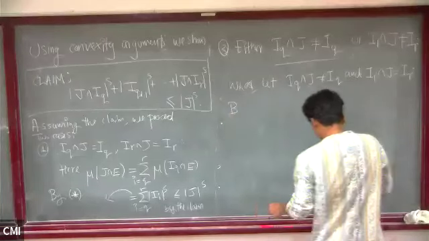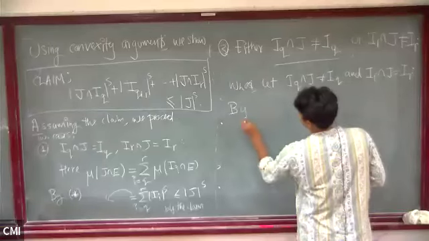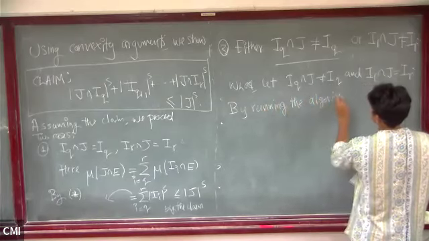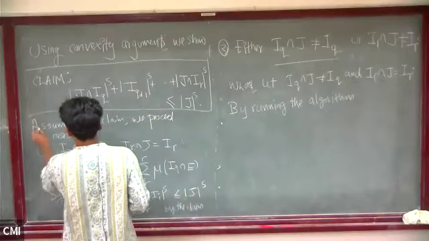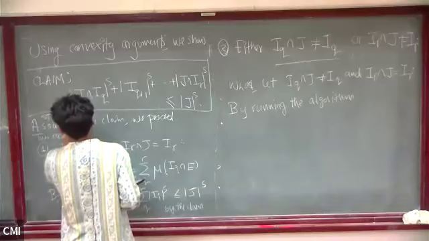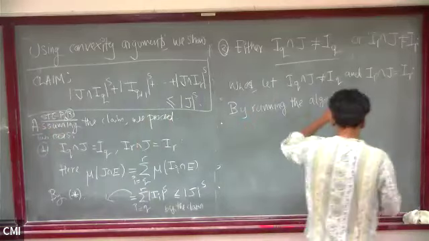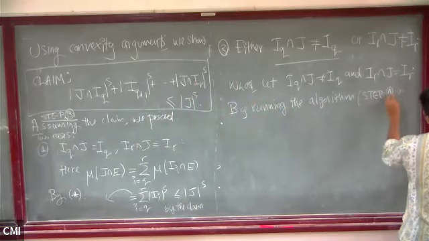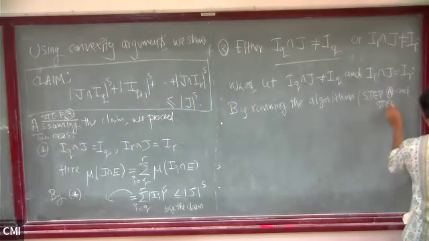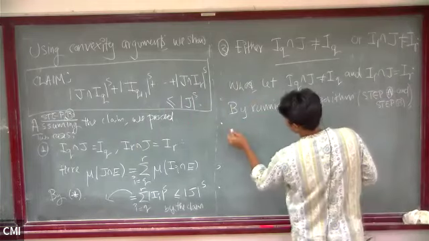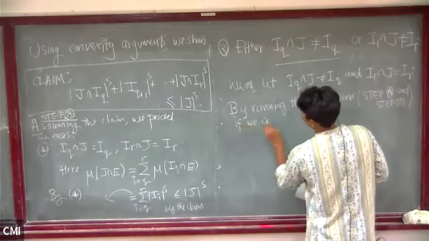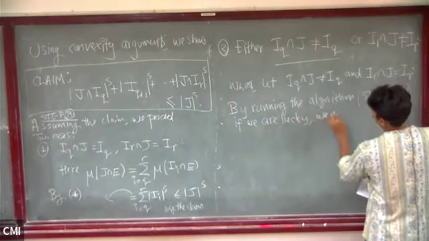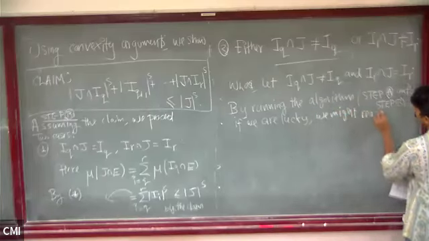By running the algorithm, and by algorithm I mean these two steps, this is step one, and this is step two, or step B. So running the algorithm, if we are lucky, we might reach case one.